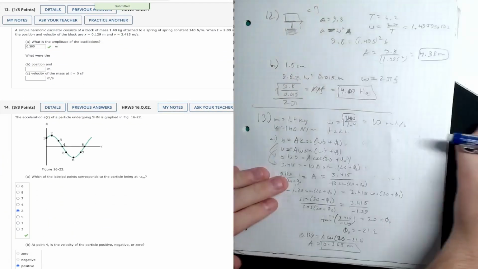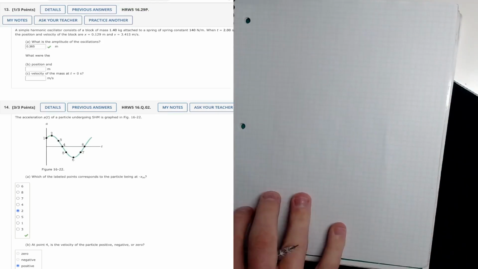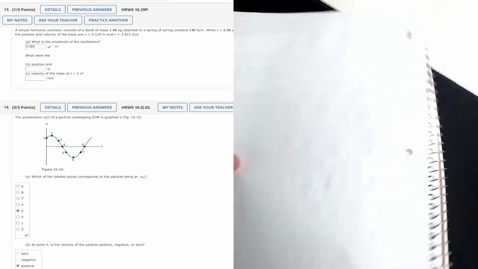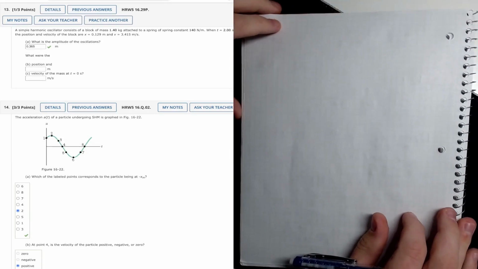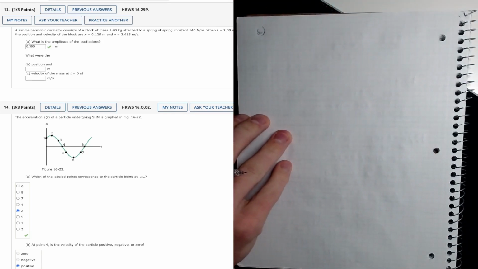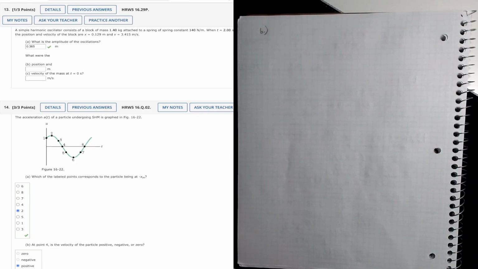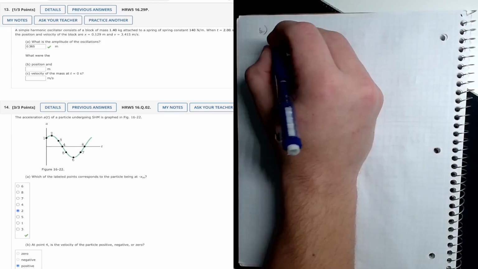Alright. Now, moving on to part B, the mass velocity at this time. Now we have the amplitude, we have everything, so basically all we can do now is plug into an equation.